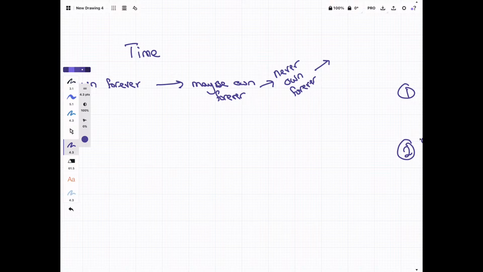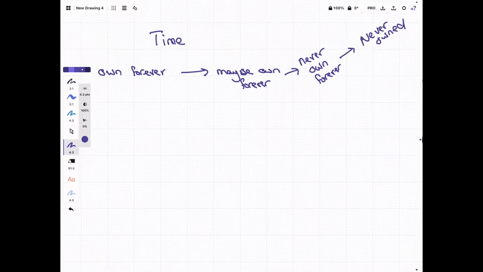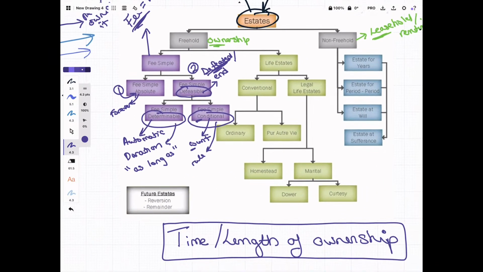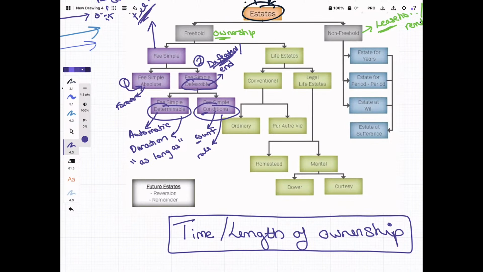And then you have never owned. This timeline where we're going from here to here to here, that is all this chart is doing. We've got right here, own it forever. Then you've got maybe own it forever.